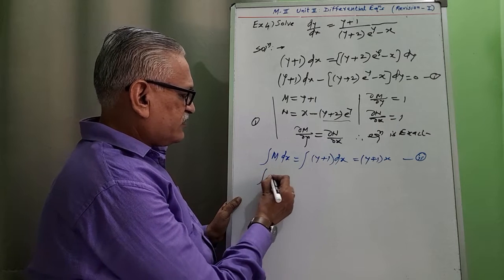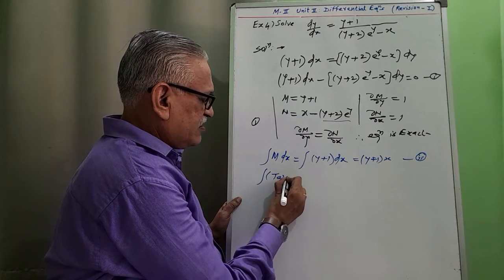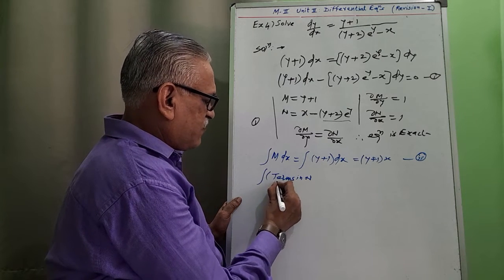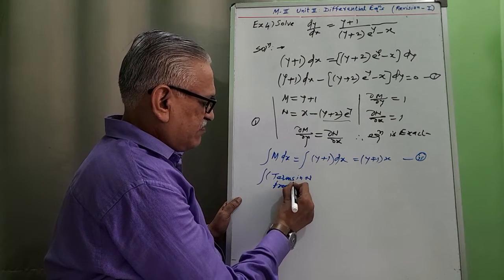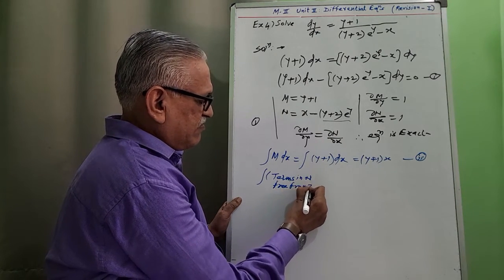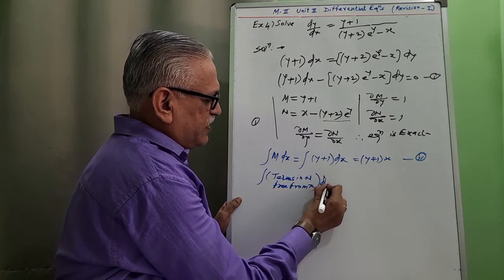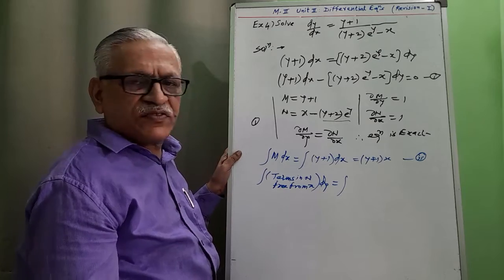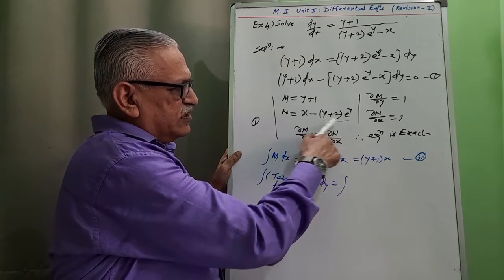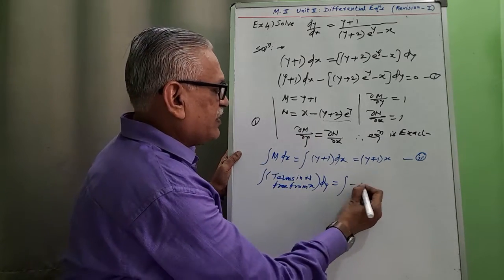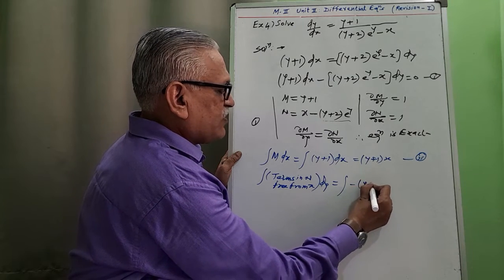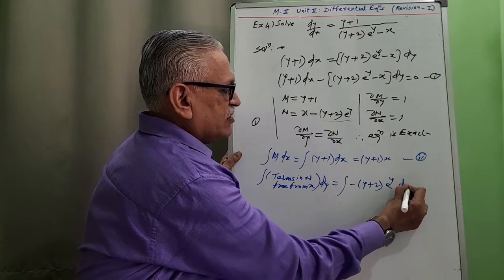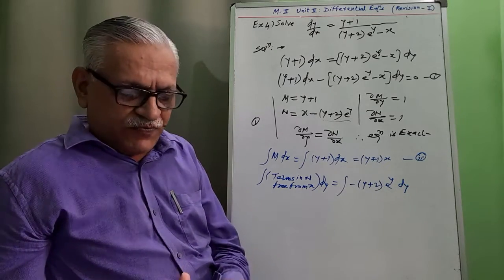Then next, terms in N free from x, integrate with respect to y. Is there any term which is free from x? Yes, here is one term, that term is minus y plus 2 into e raised to y, which we have to integrate with respect to y.